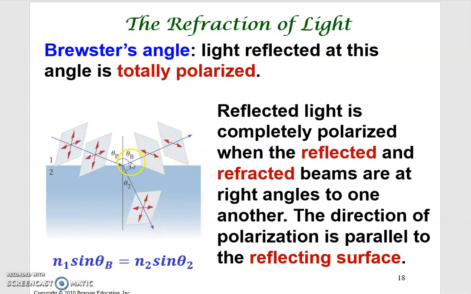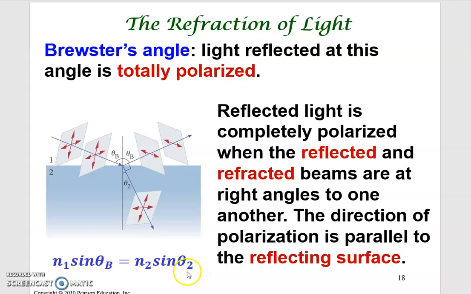So in this case, you have two different angles. Theta B is the angle of the reflection, and theta 2 is the angle of the refraction. The relation between theta B and theta 2 still obeys Snell's law. So n1 multiplied by sine theta B is equal to n2 multiplied by sine theta 2.